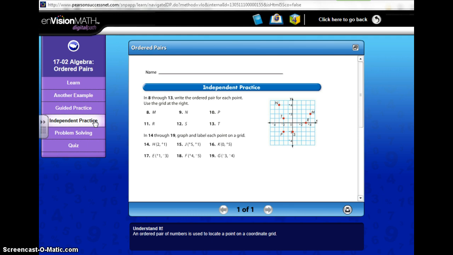Okay, on page 415, I want you to look at this grid. And on your iPad, I want you to find point M and write its ordered pair. I'm putting my arrow right where point M is.